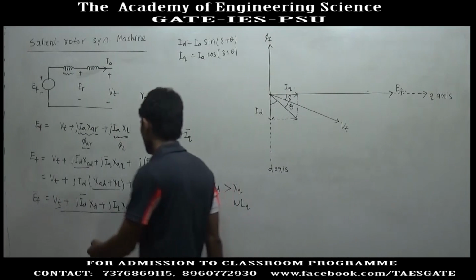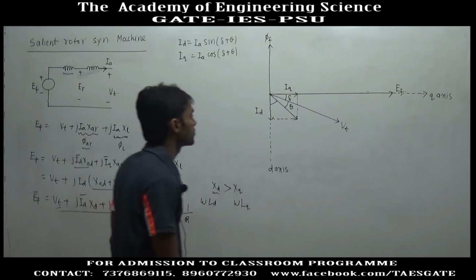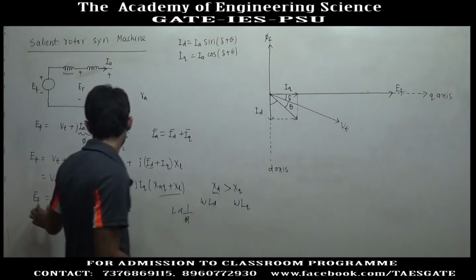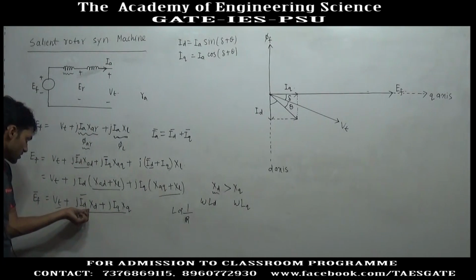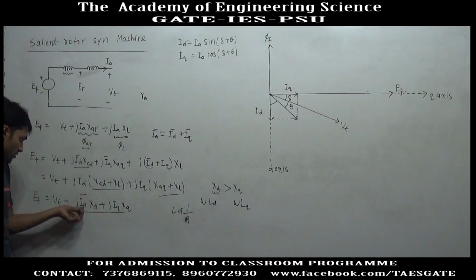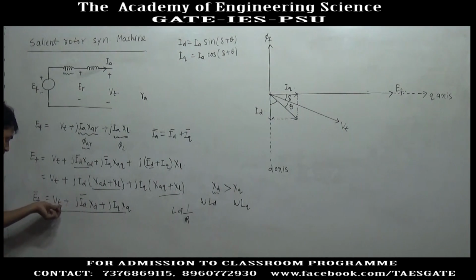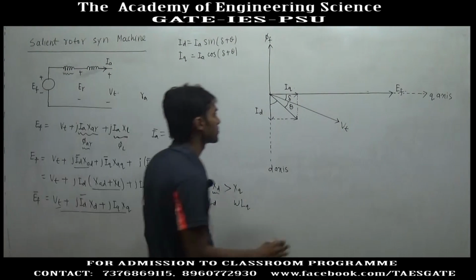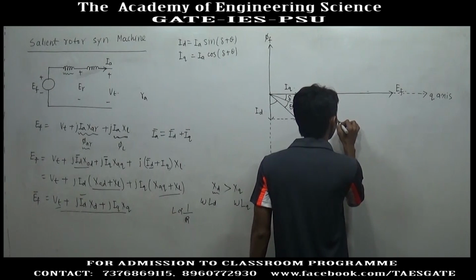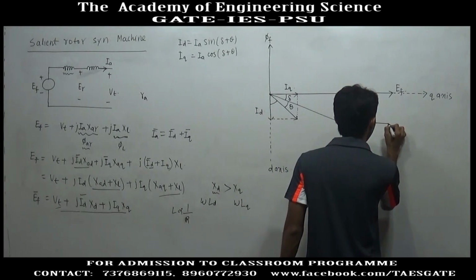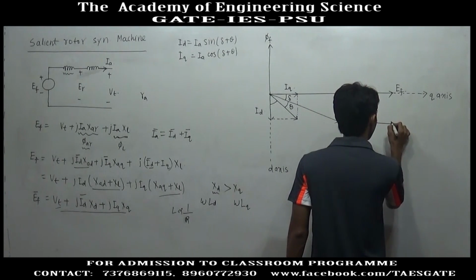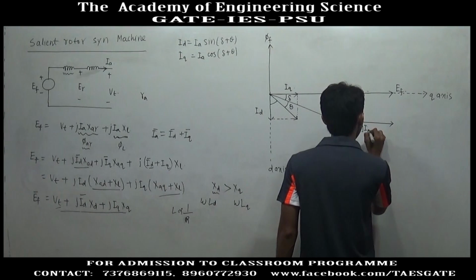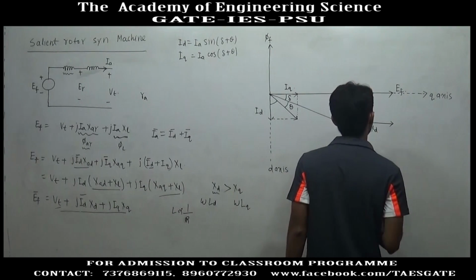Okay, and we have to multiply by XD. So to get EF, we will add this vector. We will start this much vector from the tip of VT, and we will add this vector, JID into XD.